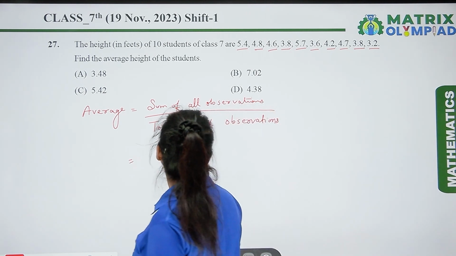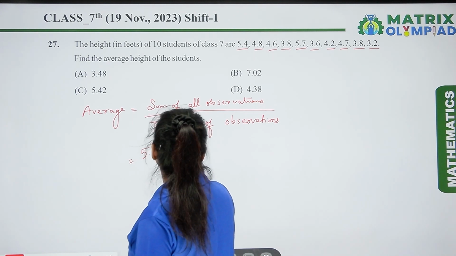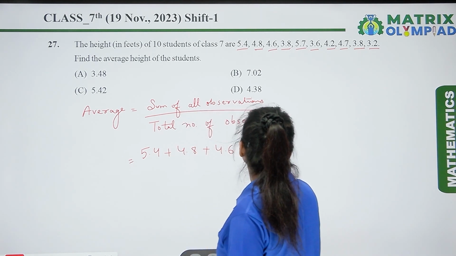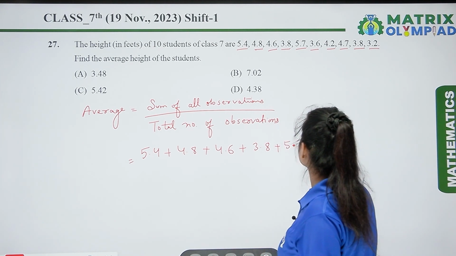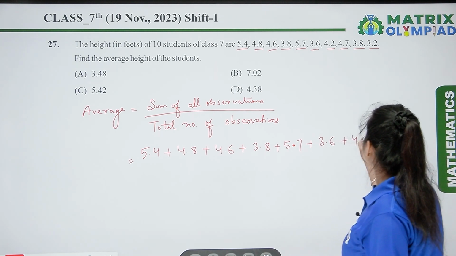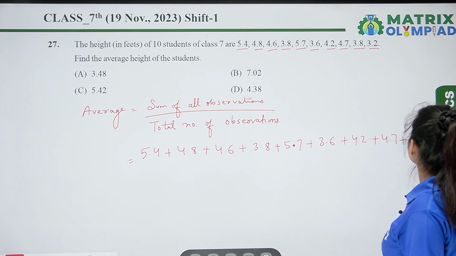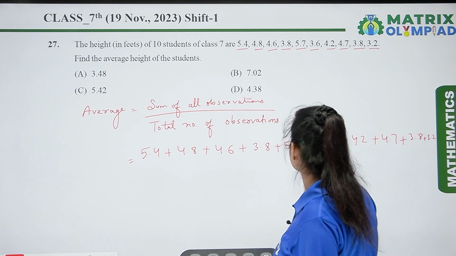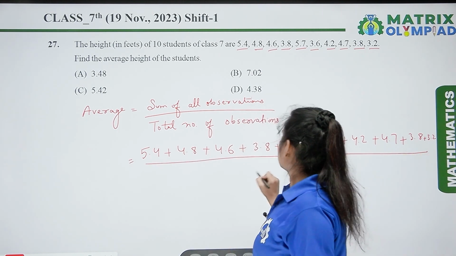So here we have to calculate all the observations. 5.4 plus 4.8 plus 4.6 plus 3.8 plus 5.7, 4.7 plus 3.8 plus 3.2, upon 10.